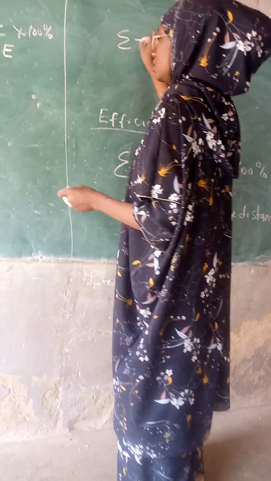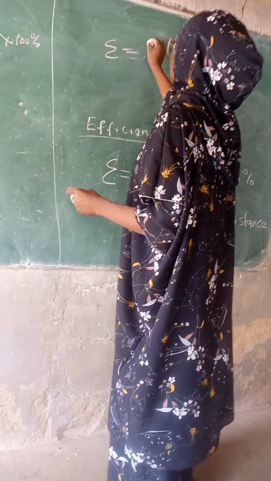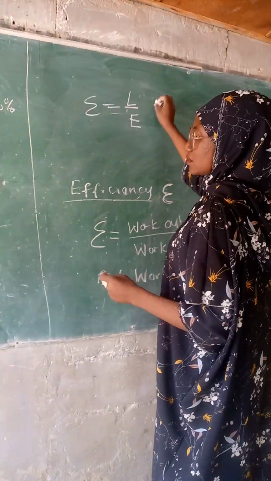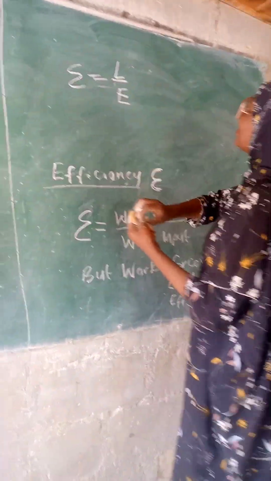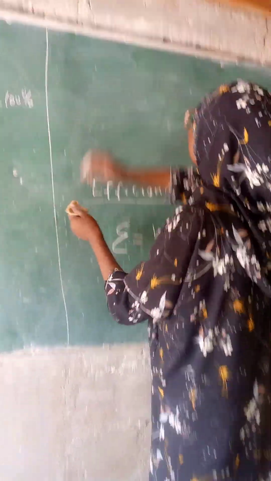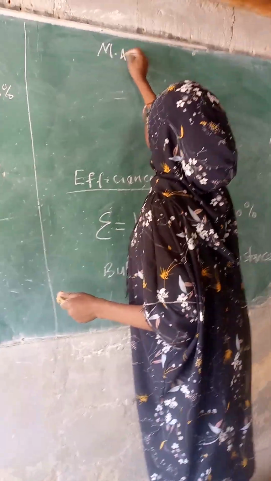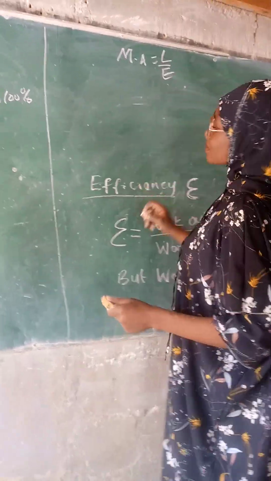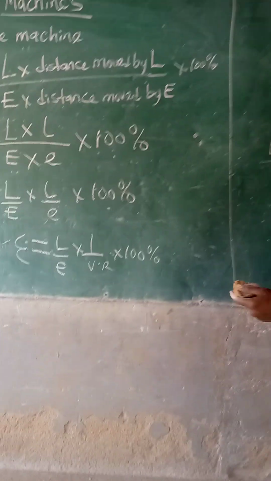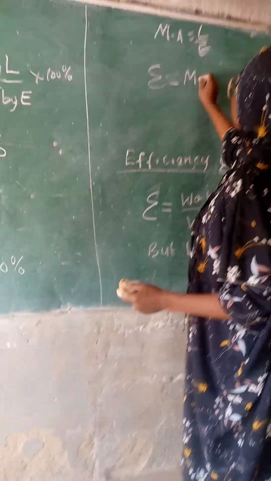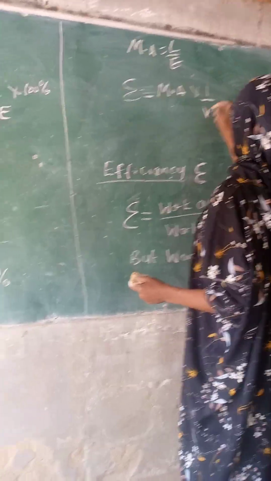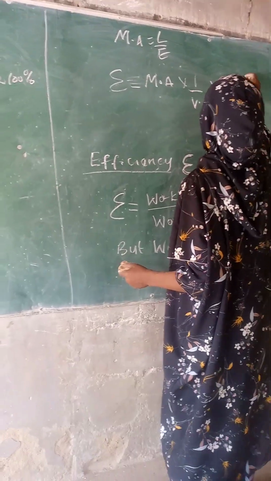We know that MA is load over effort, so we substitute L over E. So efficiency becomes MA times 1 over VR times 100%.